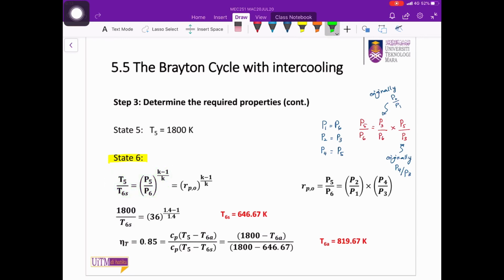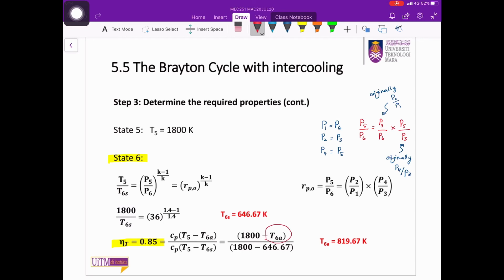Thus, the value of P5 over P6 is equal to 36. Once we substitute all the required values and calculate, we are going to get the value of T6S is equal to 646.67 Kelvin.